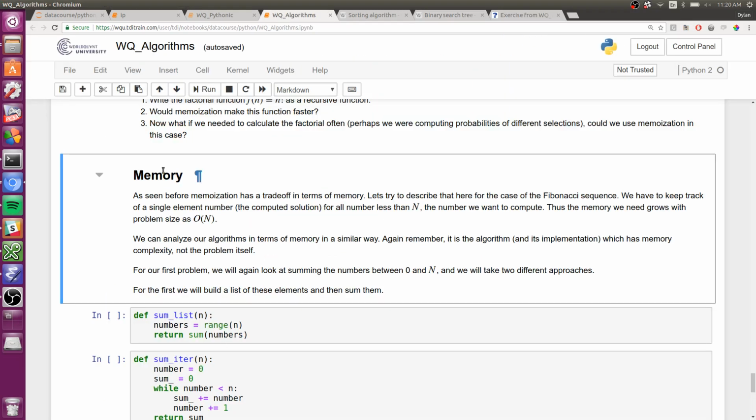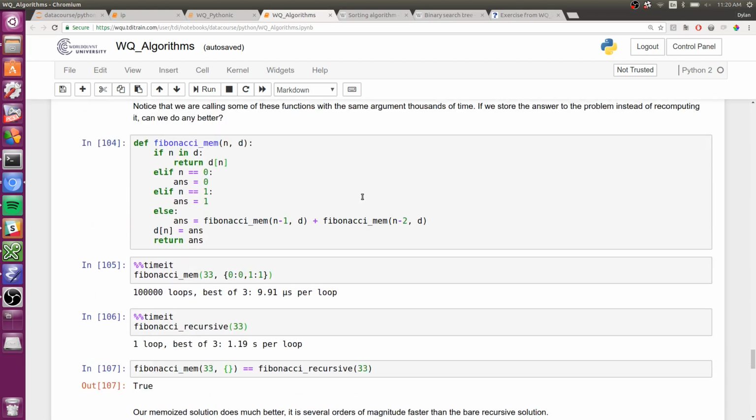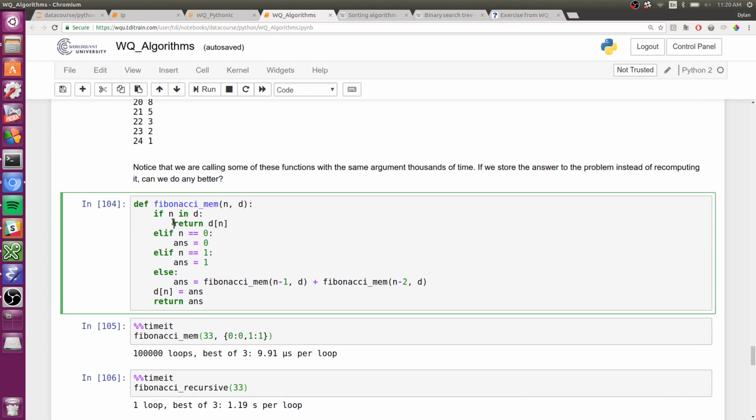Okay, now, memoization, as I mentioned, involves a trade-off in terms of memory. We had to construct this data structure D, a dictionary, that stores answers so we can look them up.